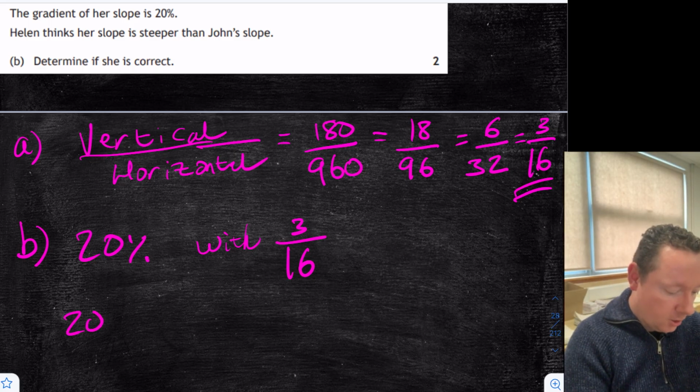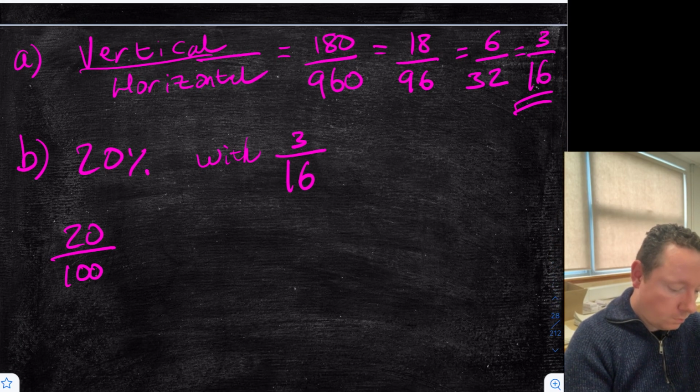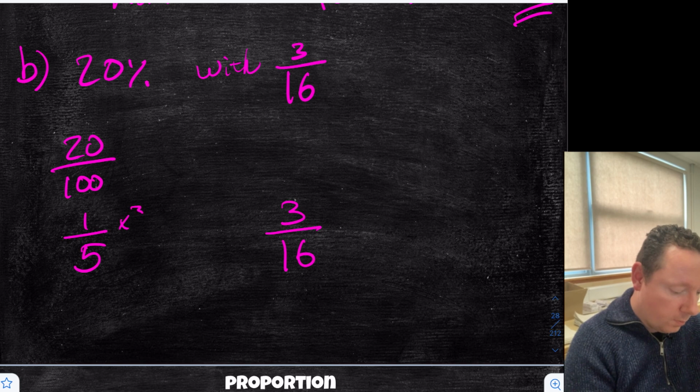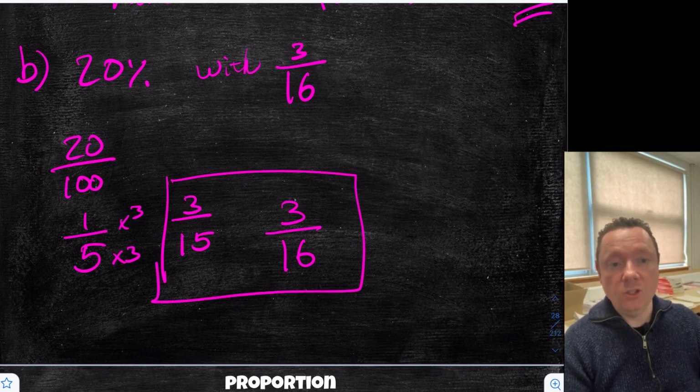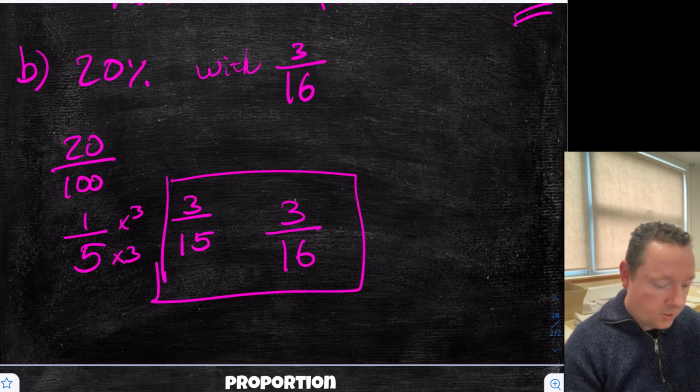So 20% is 20 out of 100. That is a fifth. But remember, I'm comparing with 3/16. So if I times this one by 3 on the top and bottom, I'll get 3/15. That's our comparison. Now the top's the same, so all I need to do is look at the bottom. Out of 16 is smaller than out of 15.